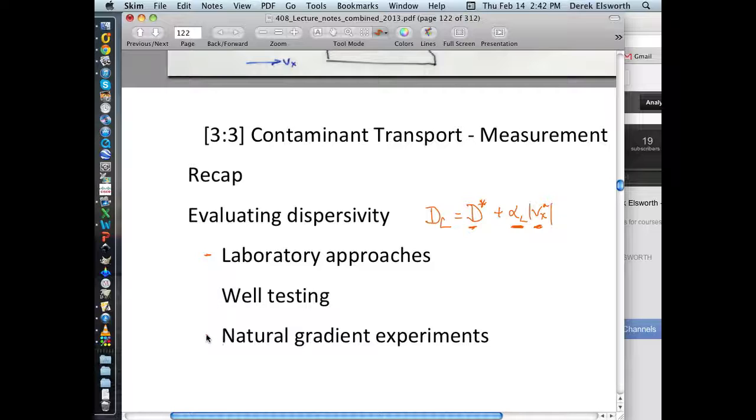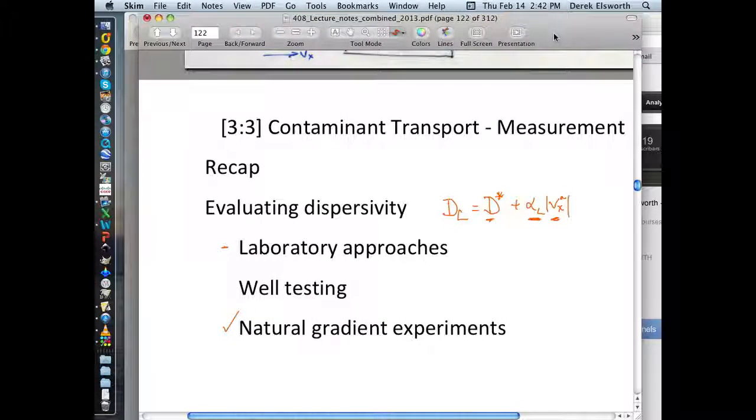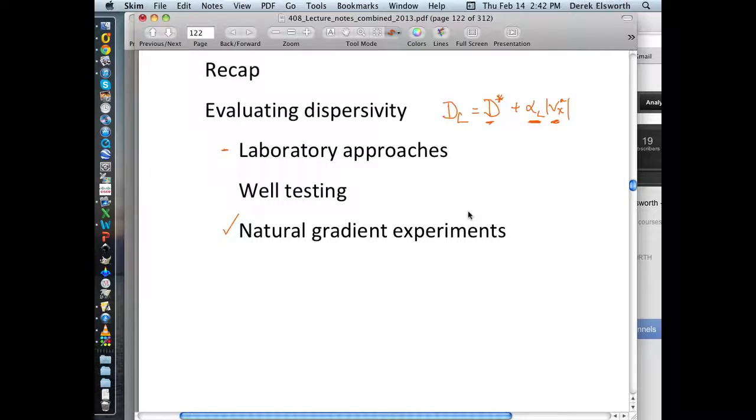And perhaps the best one of all of these, not always at your disposal, is to do something that kind of replicates the flow gradients, the flow velocities that you have naturally in your aquifer. And so what we'll find out perhaps is that by far the best is this last one, and indeed the other two might not be suitable whatsoever. That may well be the conclusion we're coming to.